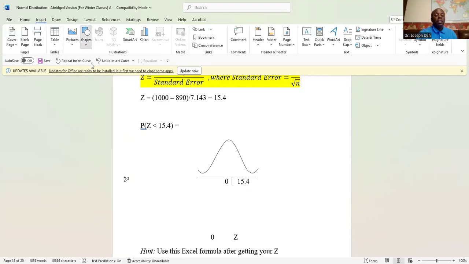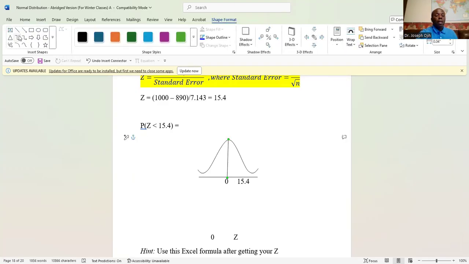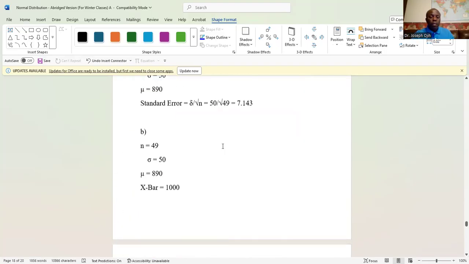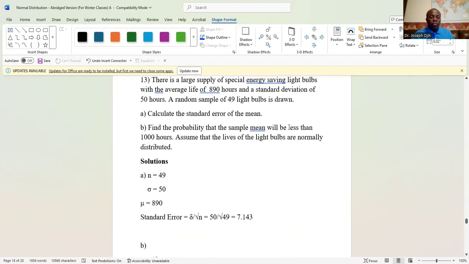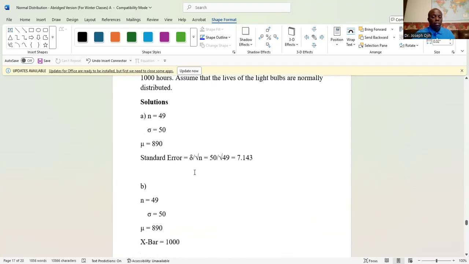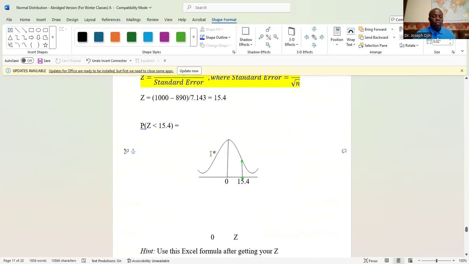So now you put the center line and then put the Z. It says here less than 1000 hours, so I'm going to shade this.